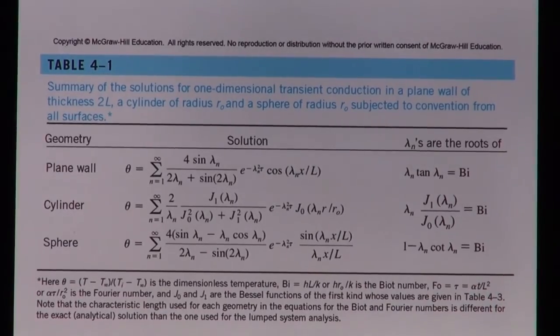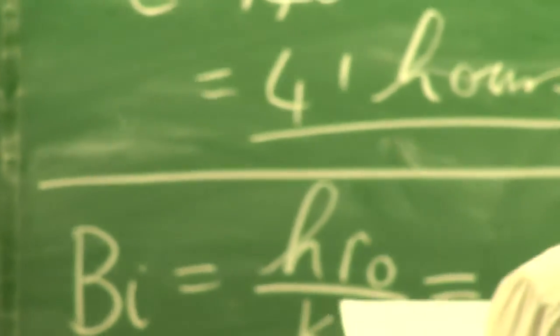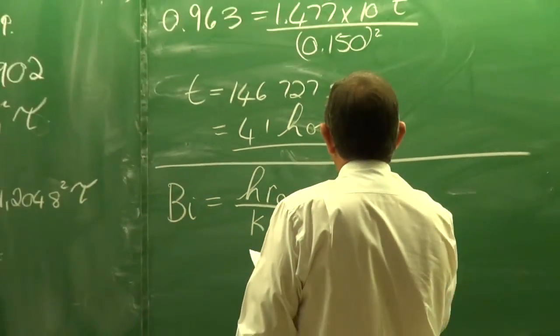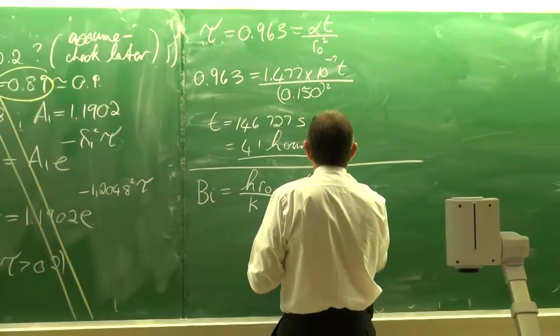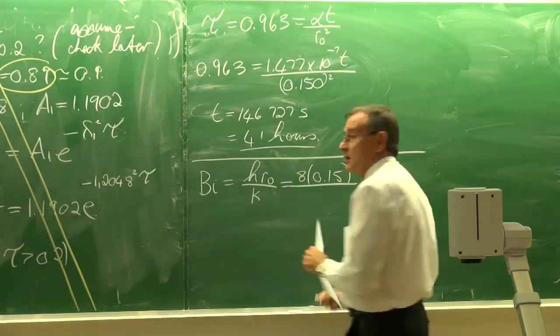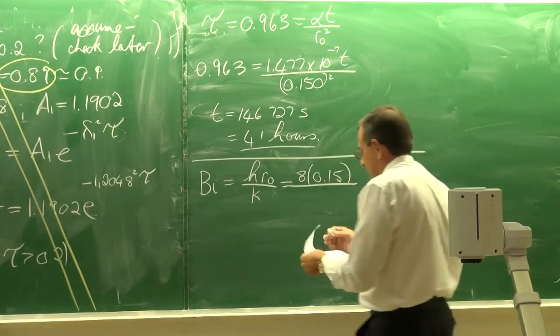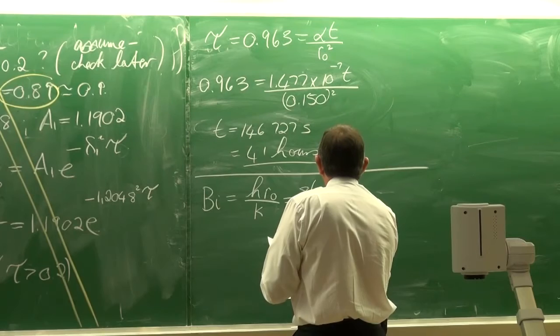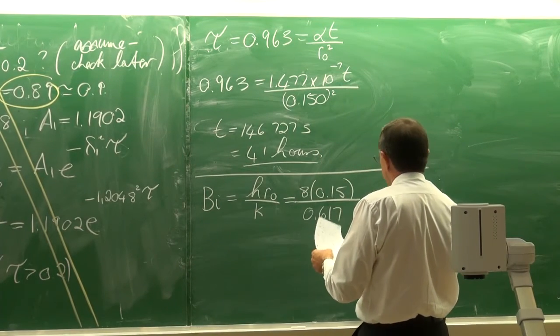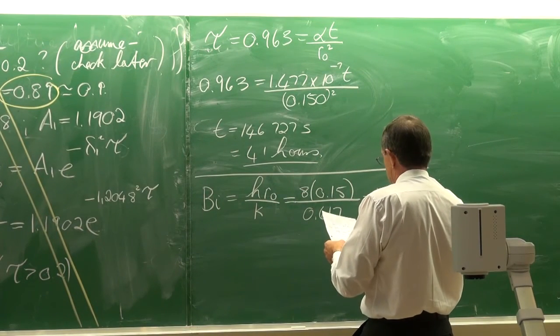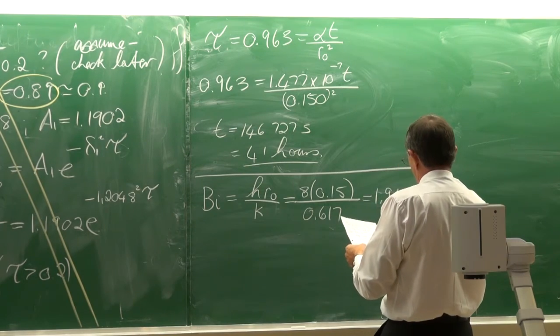Right. So, let's see what difference it makes in our calculations. The heat transfer coefficient is 8. The radius is equal to 150 millimeters, 0.15 meters, divided by the thermal conductivity, 0.617, and now the Biot number is equal to 1.944.